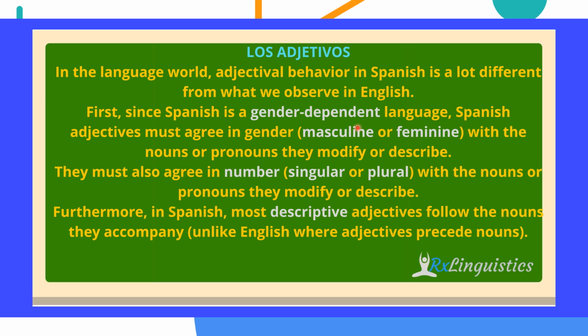So adjectives, not only are they gender dependent and there are feminine and masculine articles, but just like in English, Spanish adjectives also must agree in number with the noun that they describe. Okay? So if you say un carro and you have 3 cars, you have to say tres carros. Okay, it's the same behavior in English.